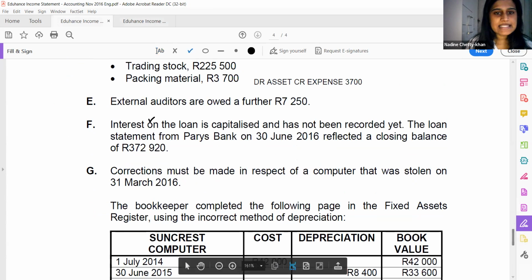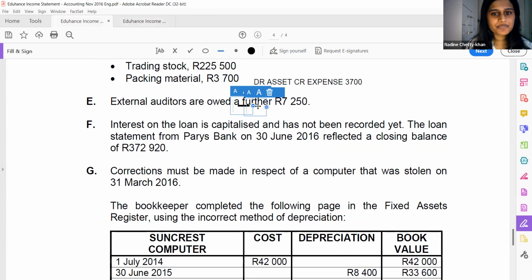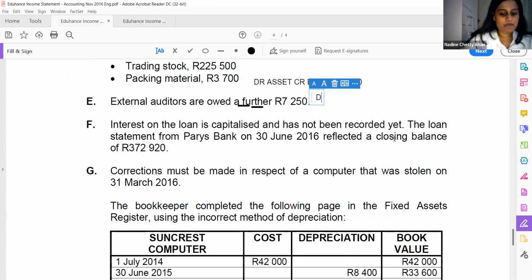E, external auditors are owed a further, that's the key word, further, 7250. So what are you going to do? And I love thinking about journal entries because it makes my life so much easier. You're going to debit audit fees expense because that means you used more of their services if you owe them more money. So 7250. And then you're going to credit a liability.